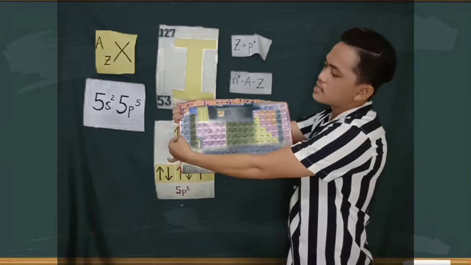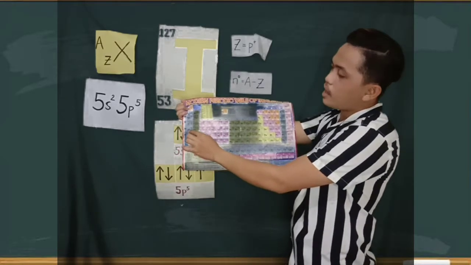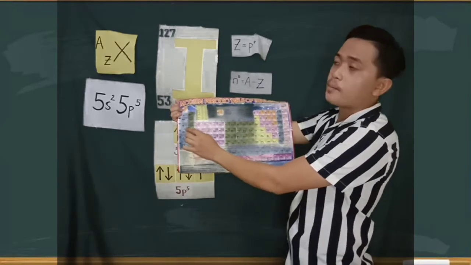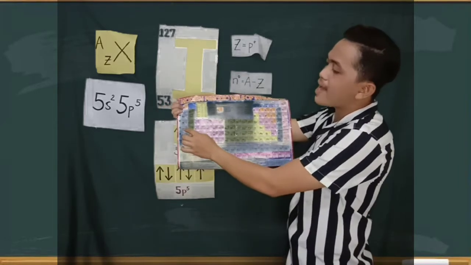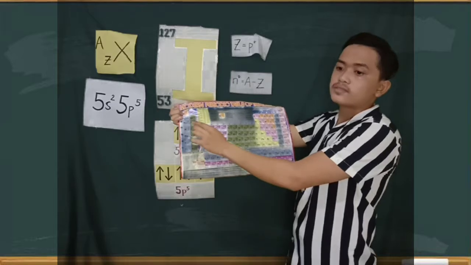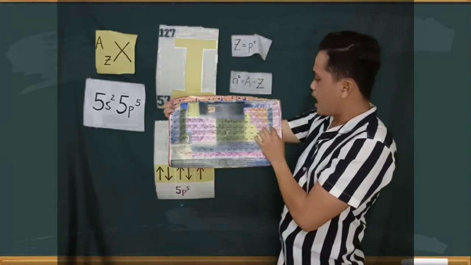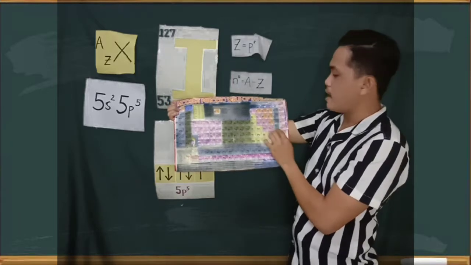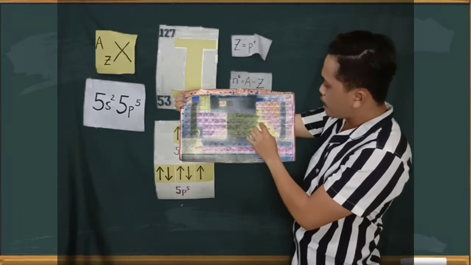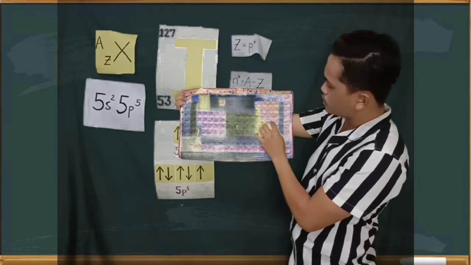So let's look in the S block, or the subshell S. So 5s2. And for iodine, 5p5 in the P block, because if we count starting here, 1, 2, 3, 4, 5.